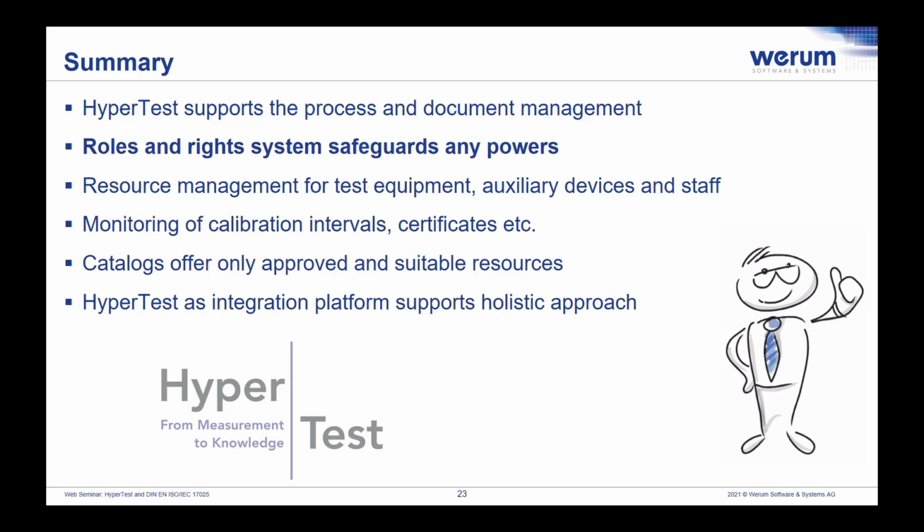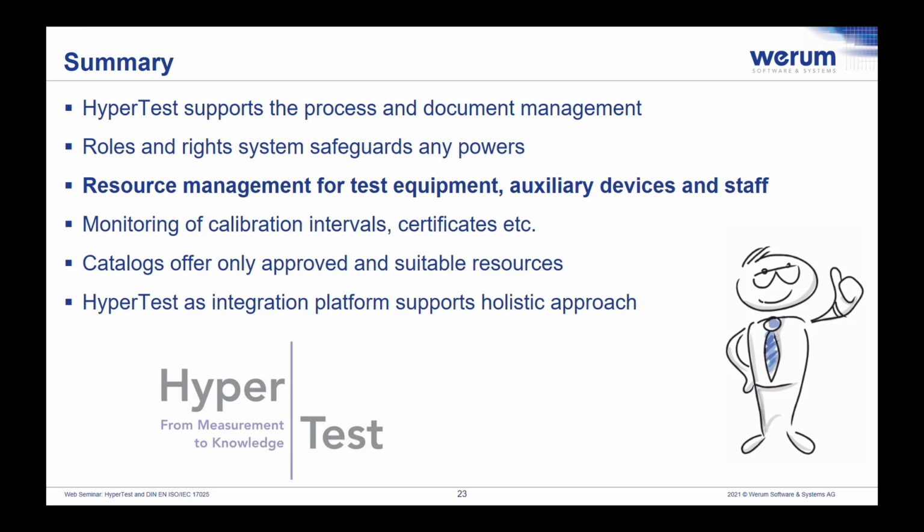The powerful roles and rights system ensures that any activity is carried out by persons who have adequate qualification and powers, for example, to grant releases, give assessments, and so on.